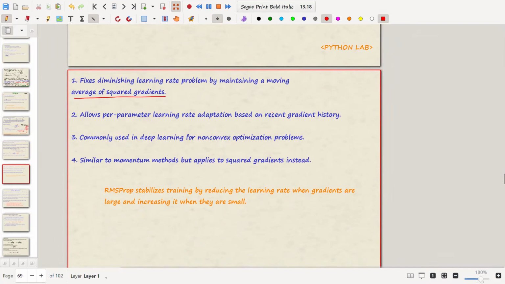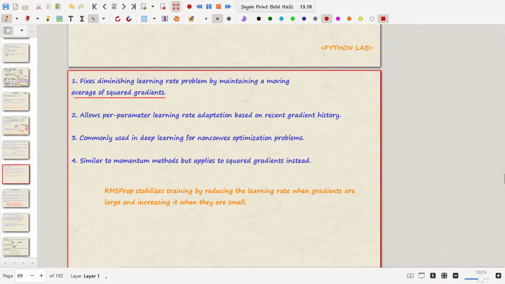By taking the moving average of squared gradients. This is knowledge you might not be able to recollect or connect: how suddenly the learning rate problem is fixed just by taking the sum of squared gradients. This is just the idea I'm giving you. We could go deep, but I don't want to focus much on this. I am giving you an idea of where the up-to-date optimization methods in deep learning are today.